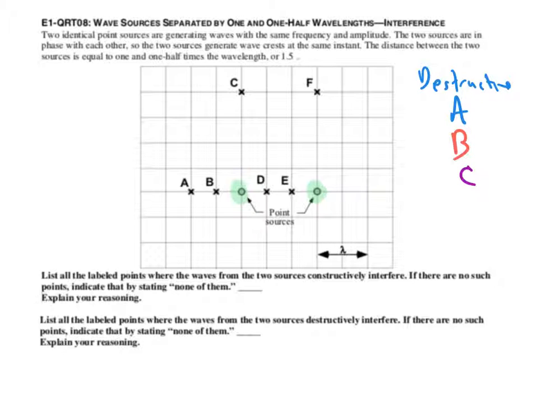If we talk about point D, we have a value of 1/2 and a value of 1. So delta lambda is 1/2, and half odd integers end up meaning destructive again.